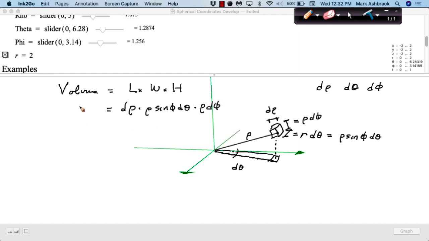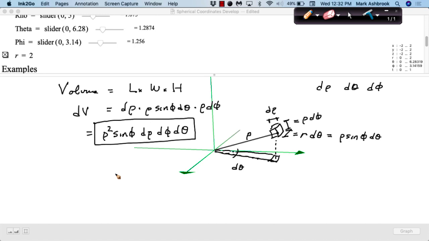Therefore, it equals, we've got a rho and a sine phi and another rho: rho squared sine phi d rho d phi d theta. So that's what our dV is for spherical coordinates.